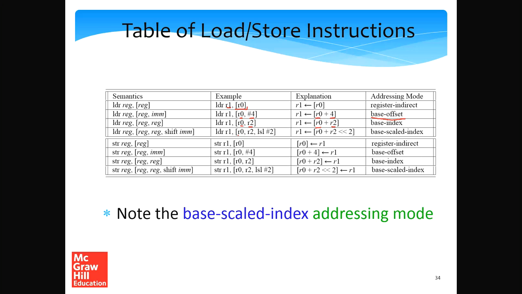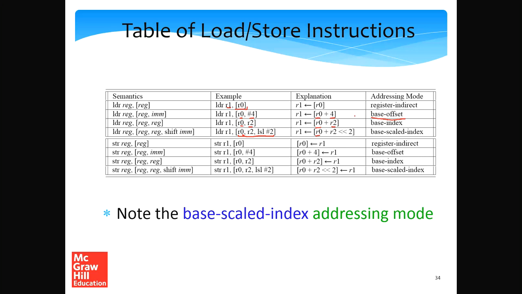Then we have this mode which is slightly complicated. R0 is still the base, but we have a scaled index. In this case, we are shifting the index to the left by 2 positions, which is the reason I have the left shift operator over here. This is the base scaled index mode, which is useful for accessing arrays, because typically we would access array elements like 0, 1, 2, 3, 4.